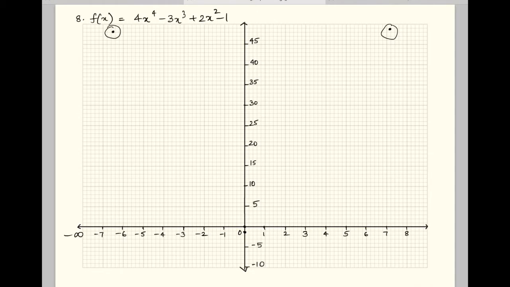For x equal to 1, you will get 4 minus 3 plus 2 minus 1, that is 2. Put x equal to minus 1, what you will get? 4 plus 3 plus 2 minus 1, that is how much? 8, right? You will get 8.